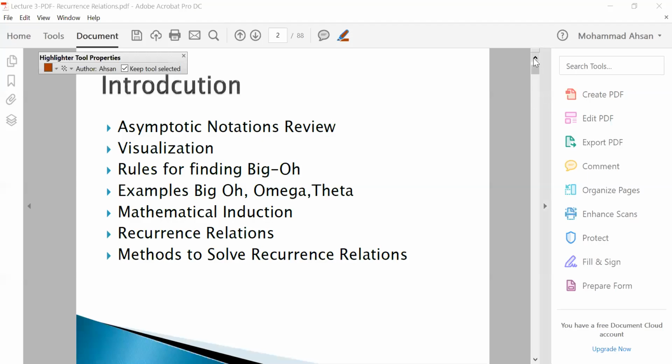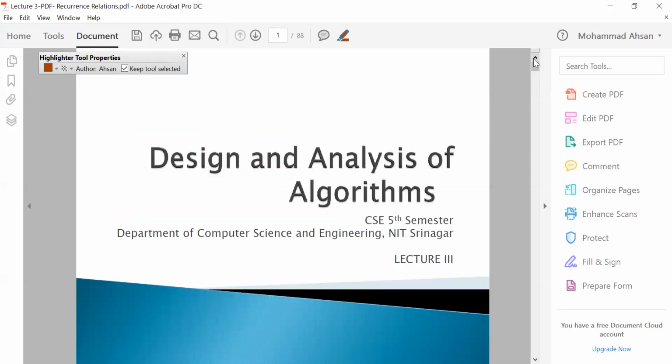Okay, let us start our lecture 3. So we finished on discussing asymptotic notations and how, if you're given a mathematical function, which you get after calculating the runtime of your program, how do you find out whether your runtime is big O of something or omega or theta of something.